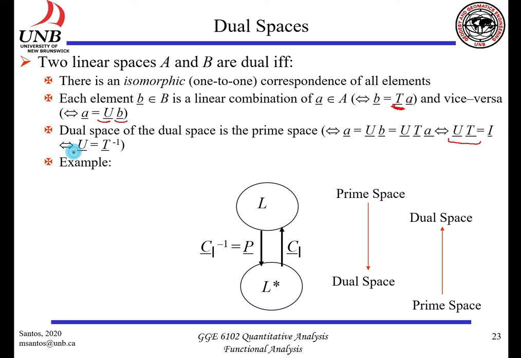So in other words, the matrix U is the transpose of matrix T.